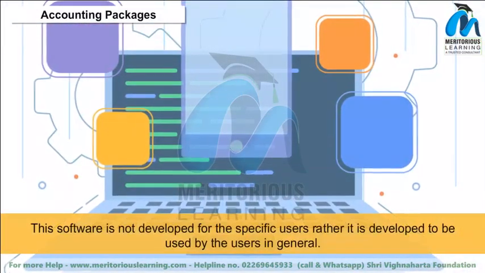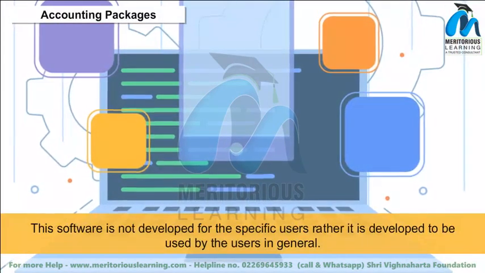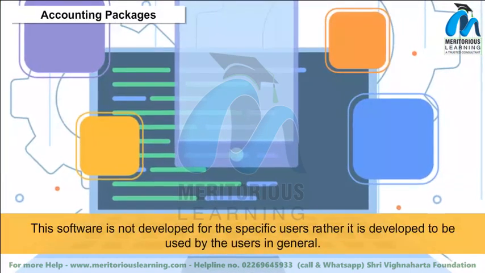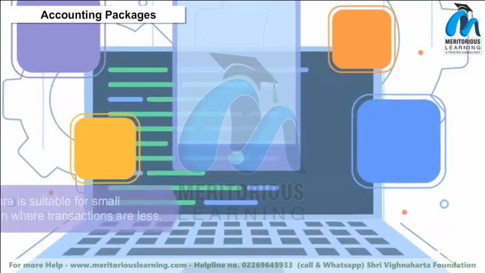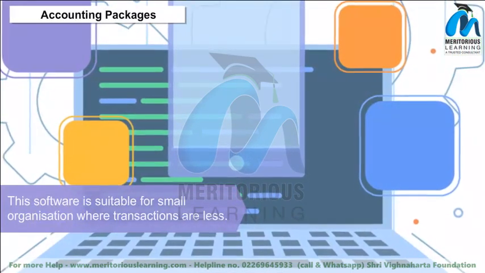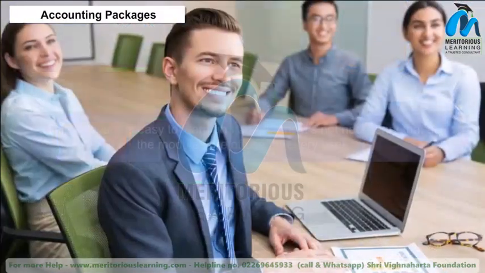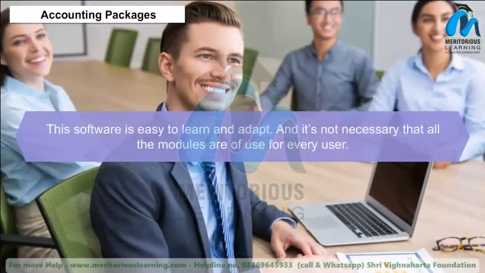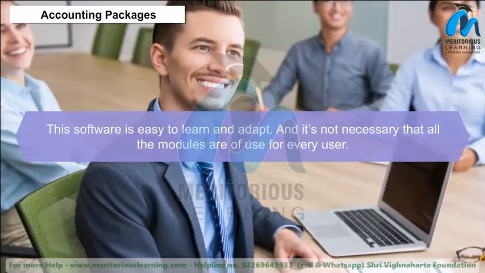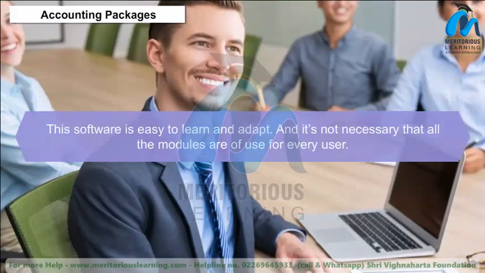This software is not developed for specific users. Rather, it is developed for use by users in general. This software is suitable for small organizations where transactions are fewer. This software is easy to learn and adapt, and it is not necessary that all the modules are of use for every user.